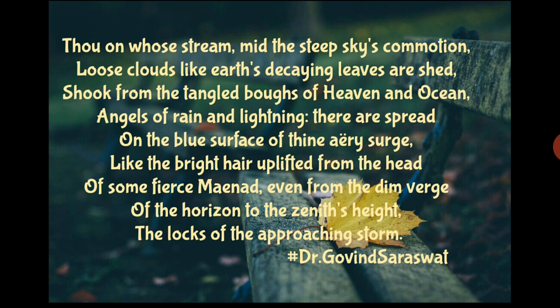Shelley suggests that all this happens when there is a great tumult going on in the high sky, and the horizon seems indistinguishable on account of the clouds that stretch from the horizon to the zenith. That's why the sky and sea are described as trees with their branches tangled with each other.